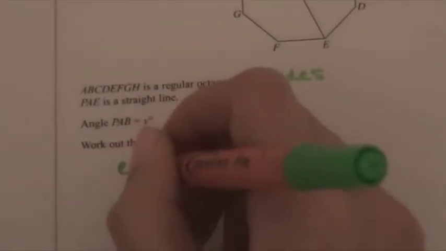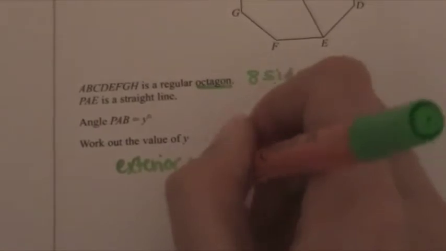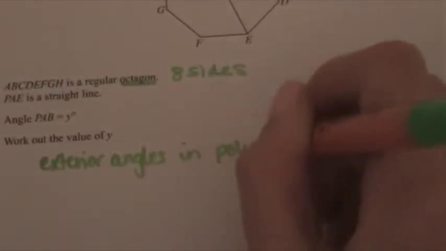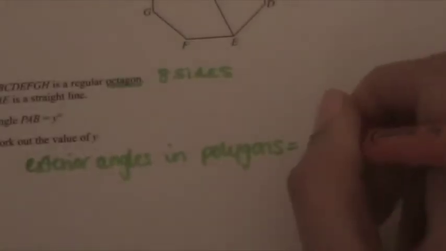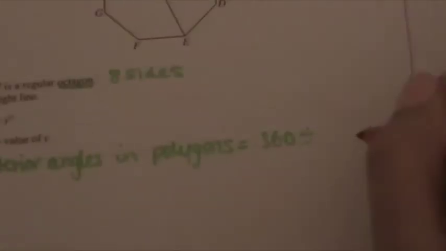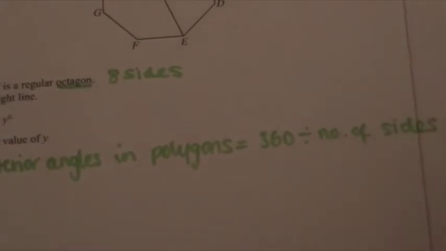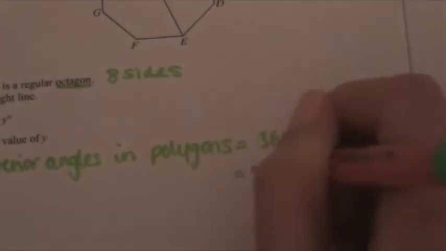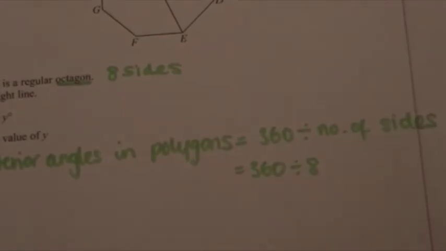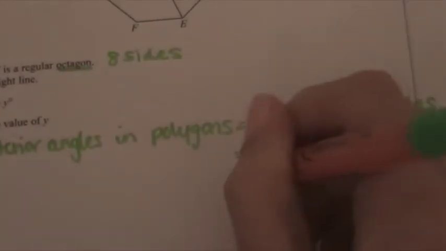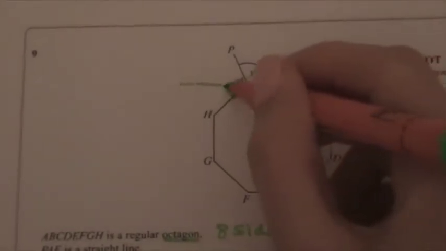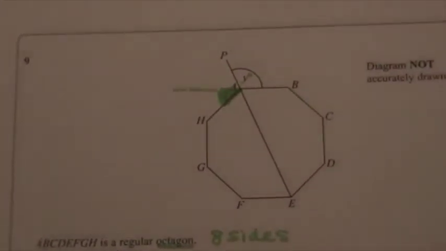And I know exterior angles in polygons equal 360 divided by number of sides. And as this is an octagon, 360 divided by 8. If you need to use bus stop for that, you can. If not, you'll be able to see 45 degrees. So my green angle, my exterior angle there, is 45 degrees.